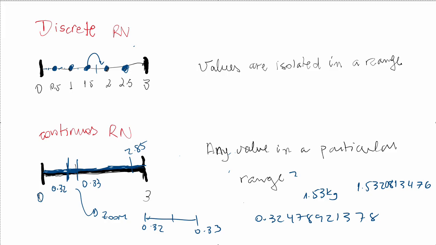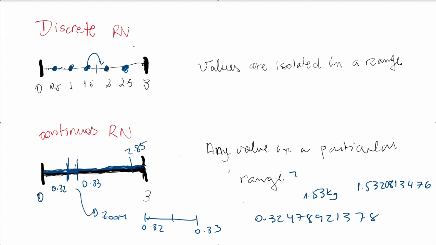You can go as precise as you want. You can have any number in that line. If you have a shooting gun and you shoot the line, wherever it lands, you can have that number. Whereas in your discrete random variable, if you shoot the line and you don't hit the bullet point, you don't exist.